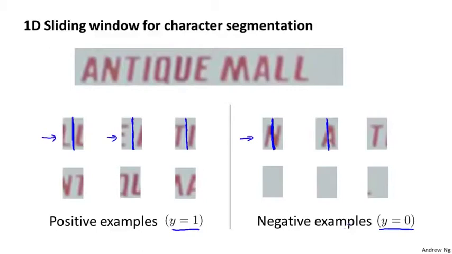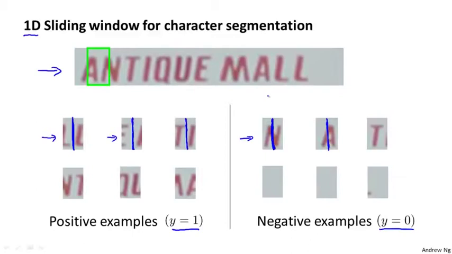Having trained such a classifier, we can then run it on the text that our text detection system has pulled out. We start by looking at that rectangle and ask, does the middle of that green rectangle look like the midpoint between two characters? And hopefully the classifier will say no. Then we slide the window over, and this is a one-dimensional sliding windows classifier because we slide the window only in one straight line from left to right.